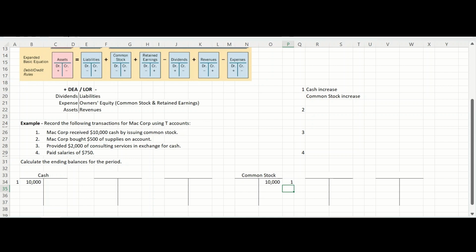Number 2, we have Mac Corp buying $500 of supplies on account. What are our accounts being affected by this transaction? Well, first we have supplies increasing because the company bought supplies. Now, how were these supplies paid for? They were paid for on account, meaning the company will pay for them later, they are taking out a line of credit.